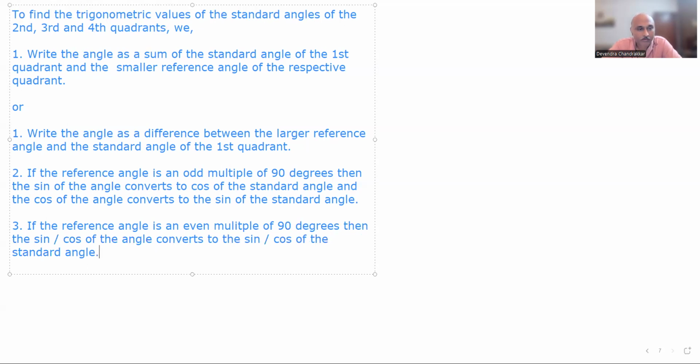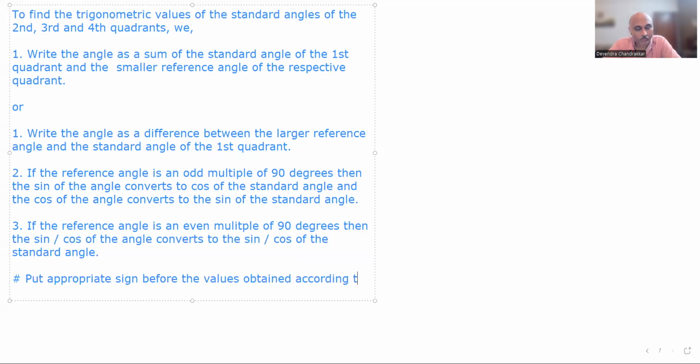Now, at last, you have to put the appropriate sign before the values obtained according to the quadrant in which the angle lies.